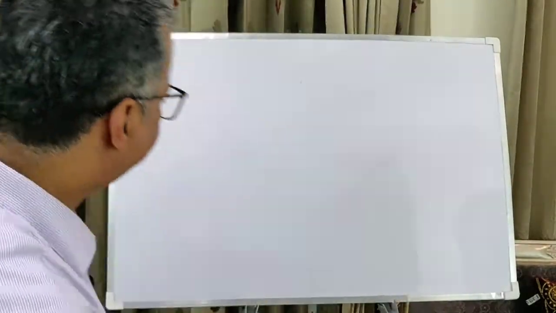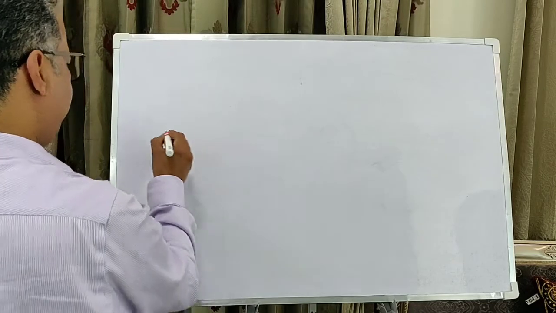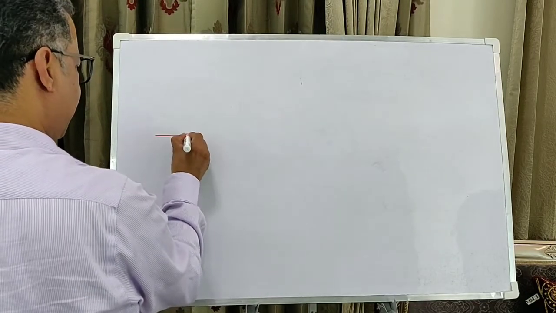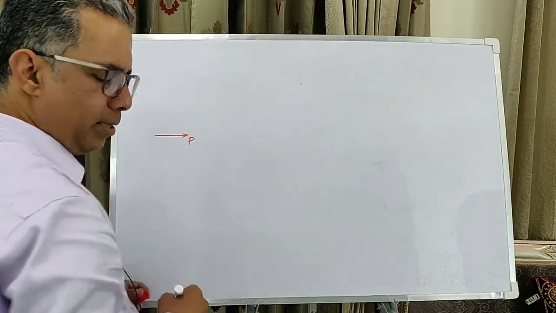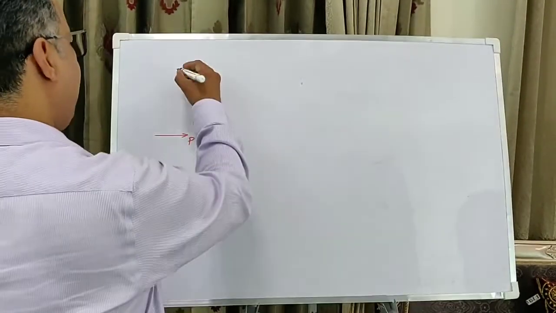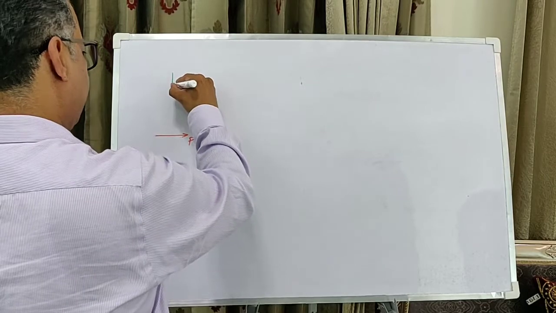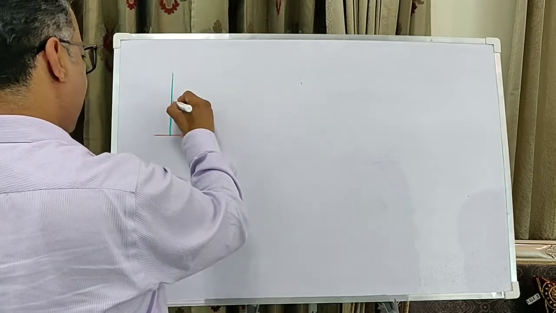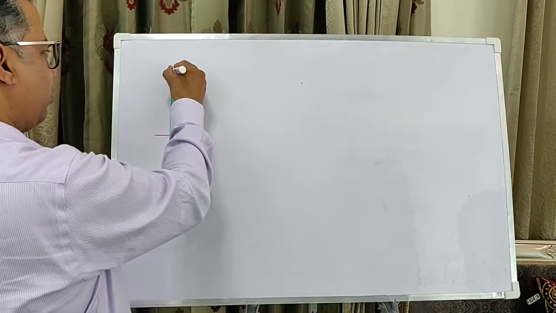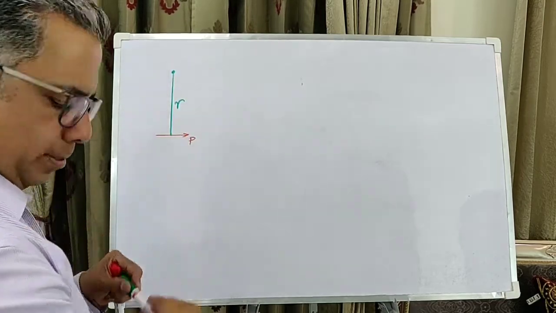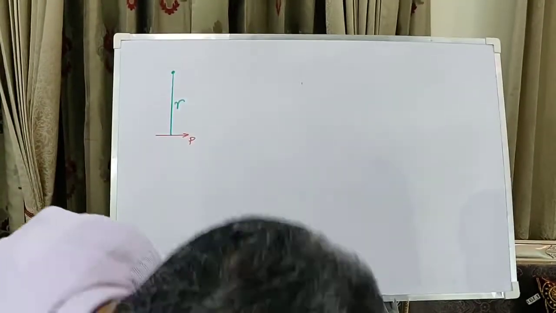Now think of a dipole here. This dipole has a dipole moment p, and we place a charged particle at a distance r from it over here. So we have a charged particle placed here.